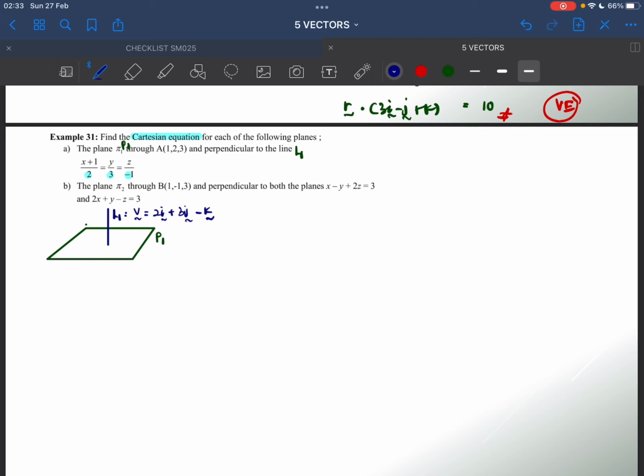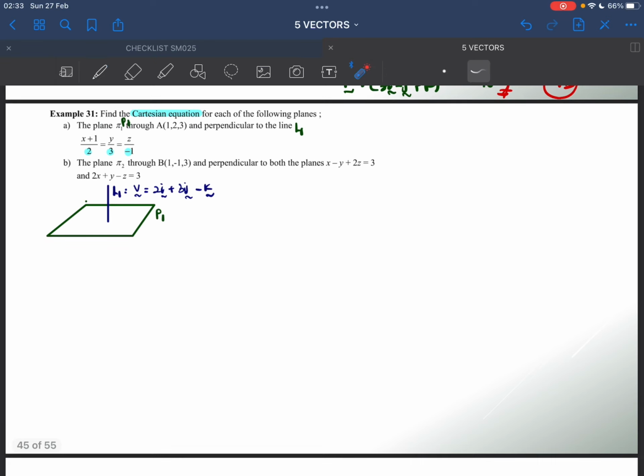Okay, so from that we know that to find the equation of plane 1 we need the normal. As you can see, the normal is perpendicular to the plane, and from that you can see that your normal is parallel to the line. So you can use the vector from the line as the normal for the plane.